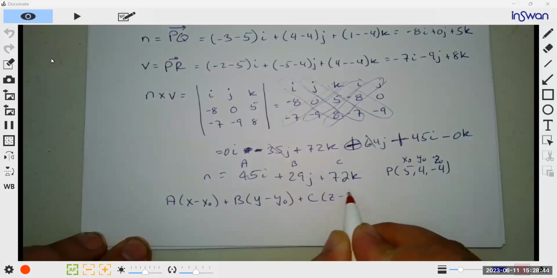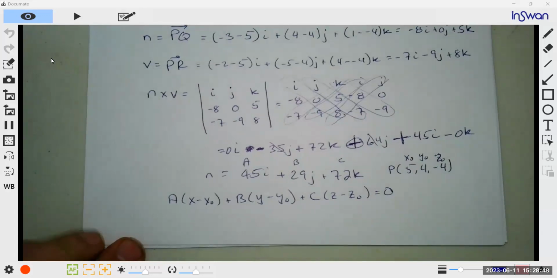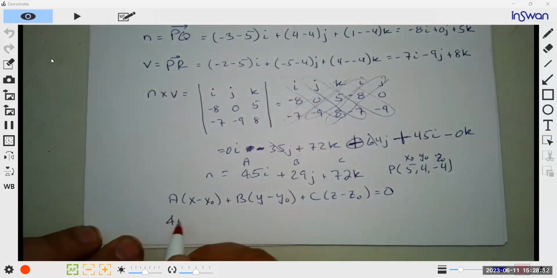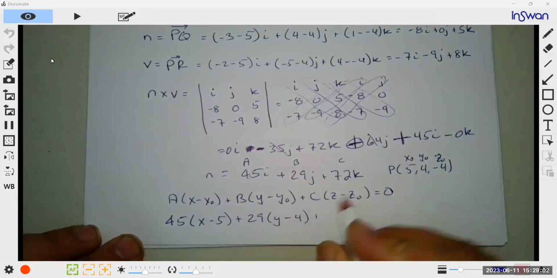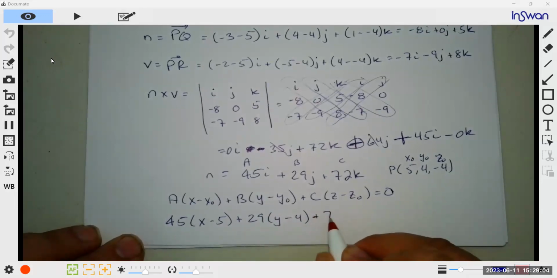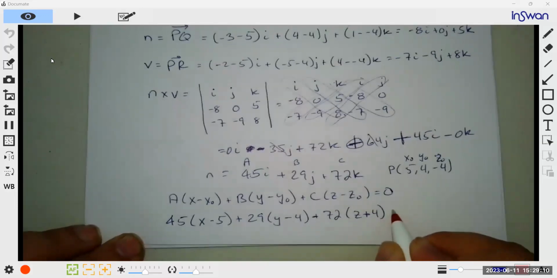Plug it in here and work it out. So we have 45(x minus 5), 29(y minus 4), 72(z minus -4), which makes it plus 4.